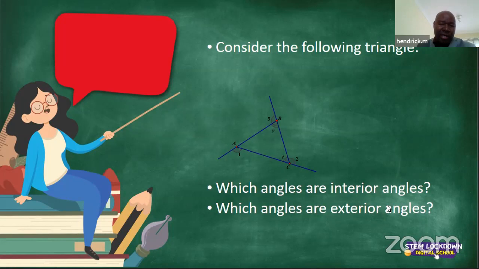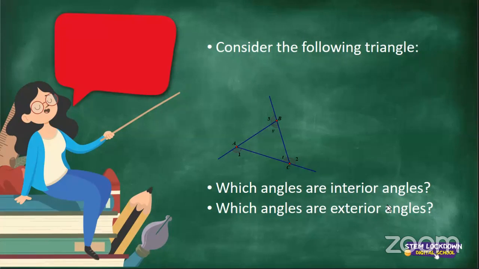And what about 1? Can you see 1? Is it inside or is it outside? It's inside, sir. Okay, let's talk about triangle ABC. Can you see triangle ABC? Yes, sir.